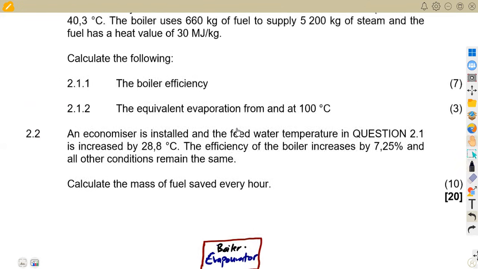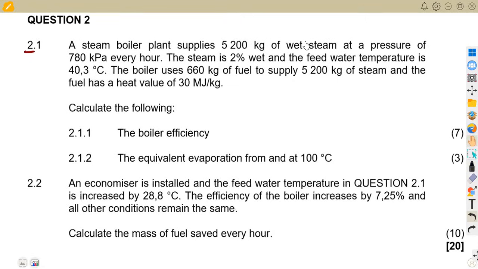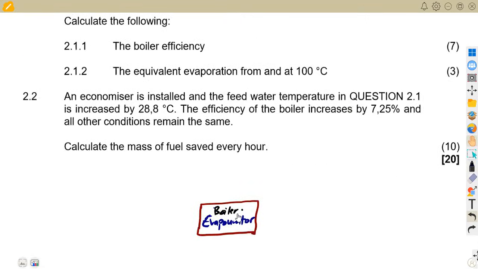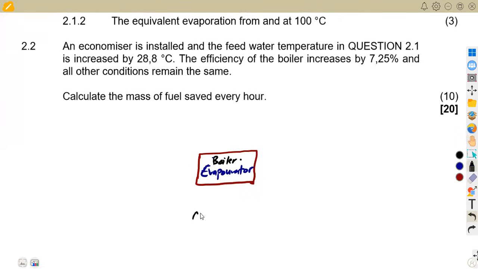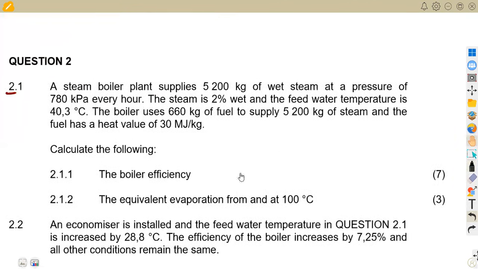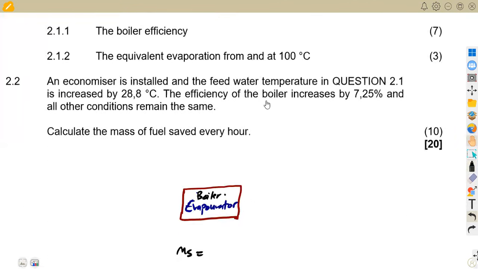If we are to take note, they are giving us the mass of the wet steam, which means after the evaporator, that is where we are going to have our wet steam. So the mass of steam being considered is 5,200 kilograms per hour.